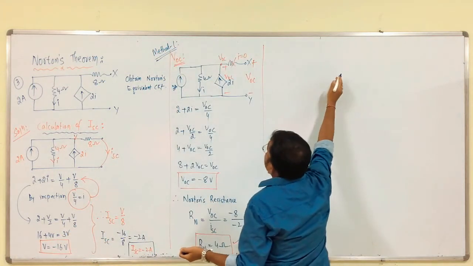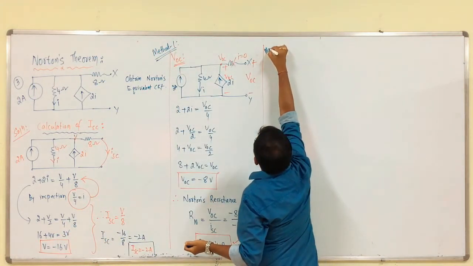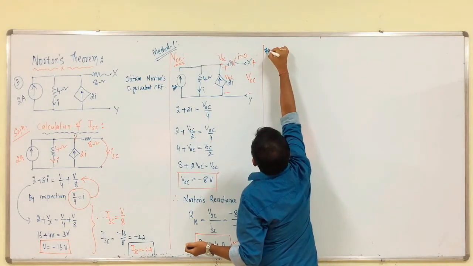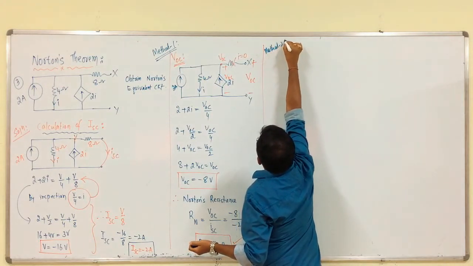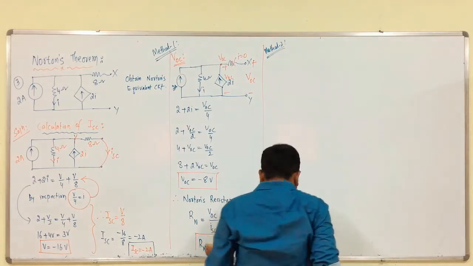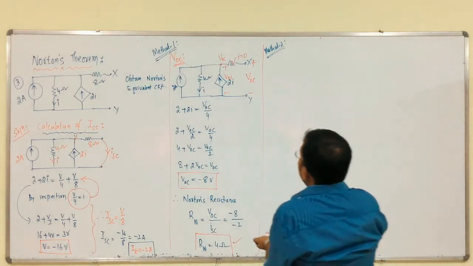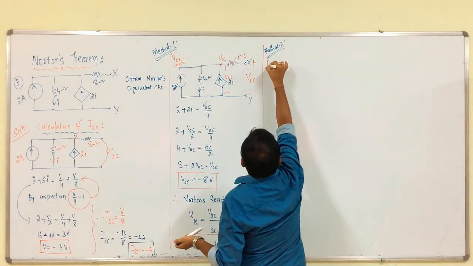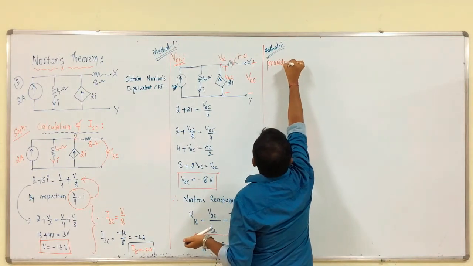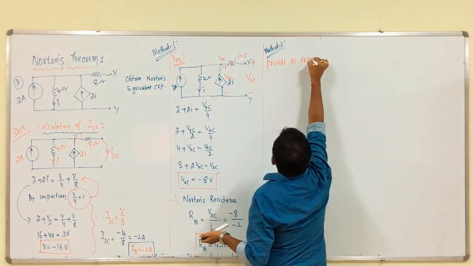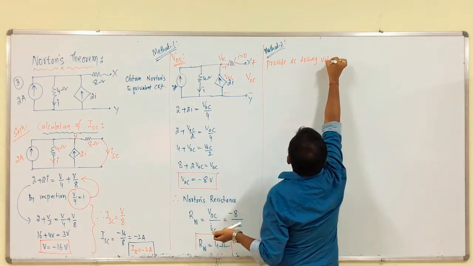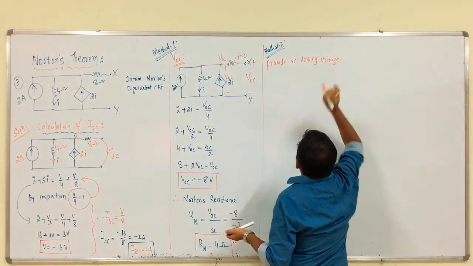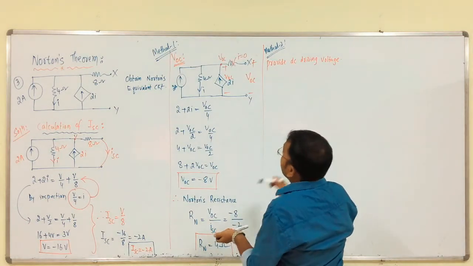Method 1. Now, this is method 2. So, provide what? DC driving voltage. Then the circuit becomes what?